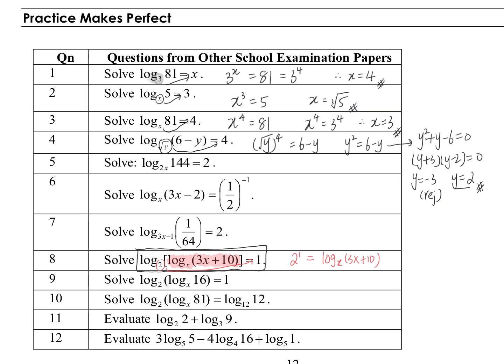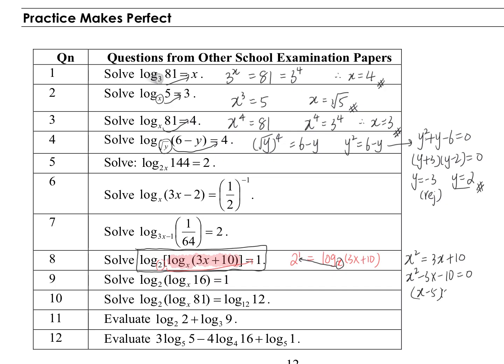Okay, so you do one simplification first. Then let's do the second round. So let's push this out again. So this is x squared, equal to 3x plus 10. So once you do that, shift everything to one side and then you solve normally.